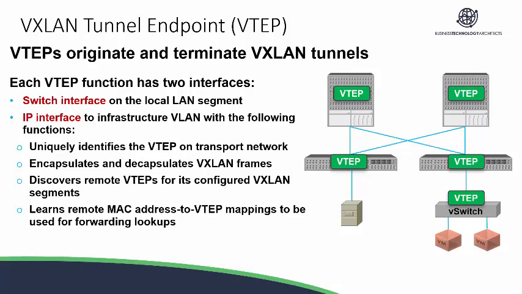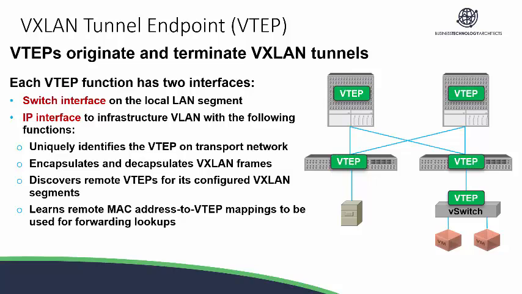So the VXLAN tunnel endpoint, how does VXLAN work? We extend the layer 2 networks across the layer 3 infrastructure using MAC over UDP. Here each actual device has a VTEP, or virtual tunnel endpoint.